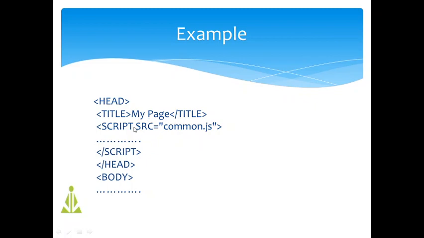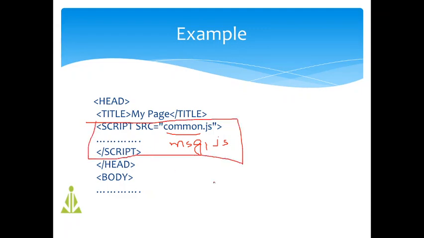Then write script src equals whatever file name you want to save, like msg.js or msg1.js, whatever the name. Just call this code, and your program will execute.